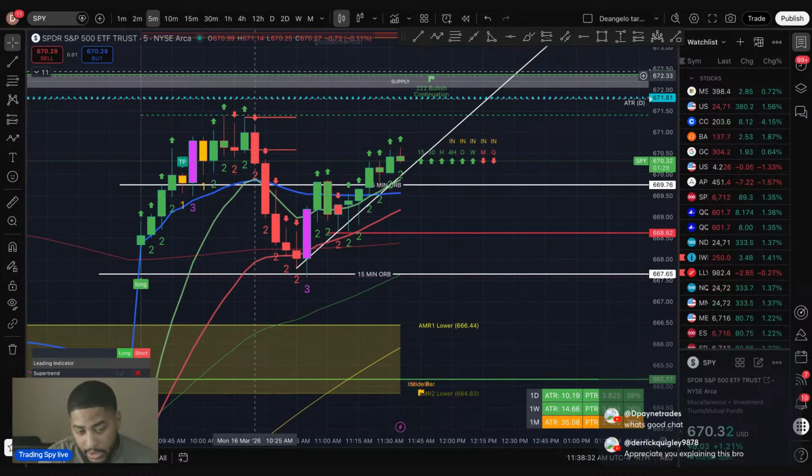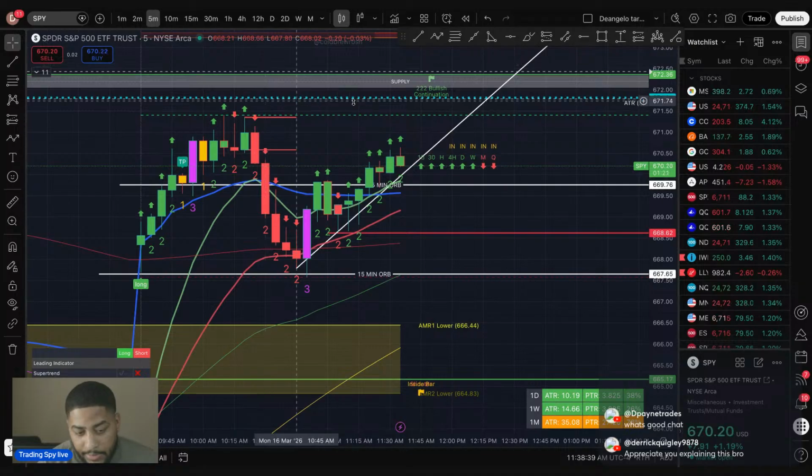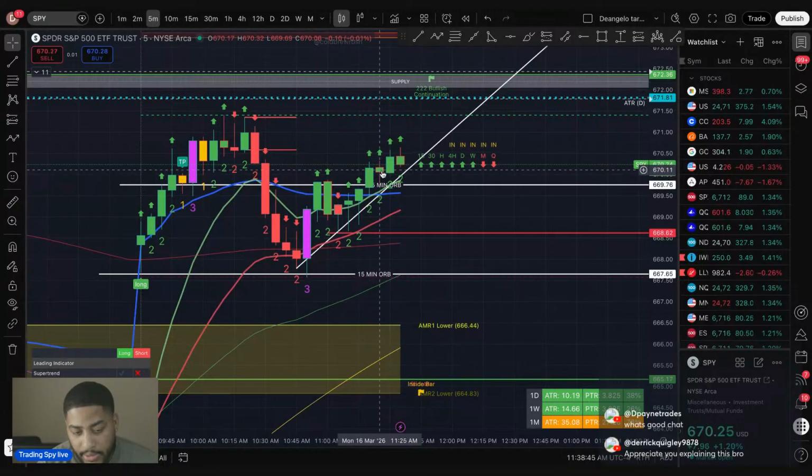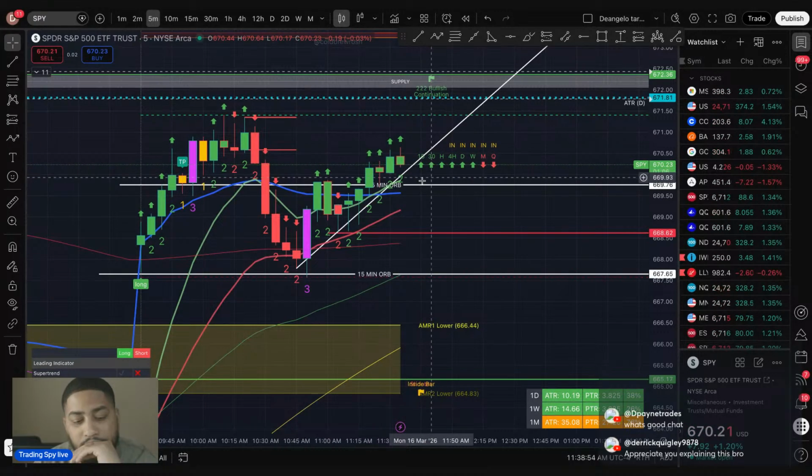Okay, look, it's trying to give a fell 2 up. I don't like that. So, okay. Sellers are trying to step in. We need to see what's going to happen right here. They gave a fell 2 up a while ago right here. I need this counter to flip green. I'm only up 5% right now.